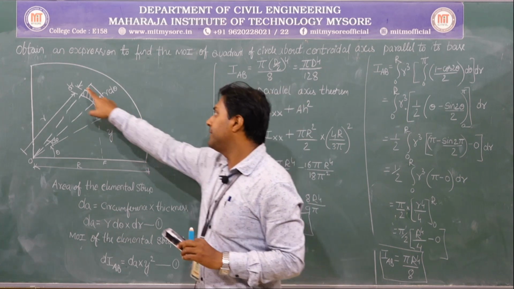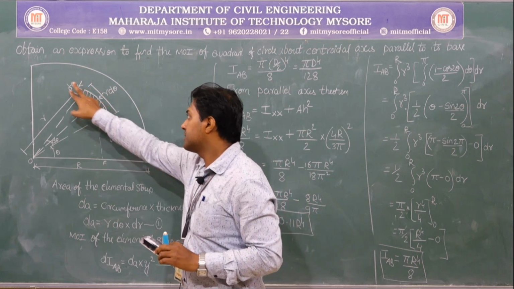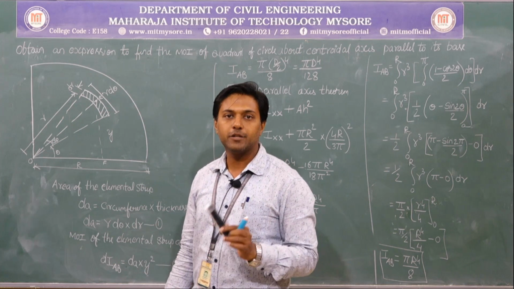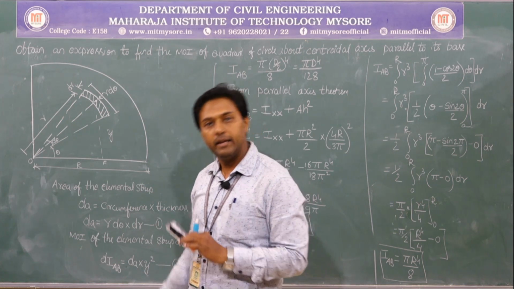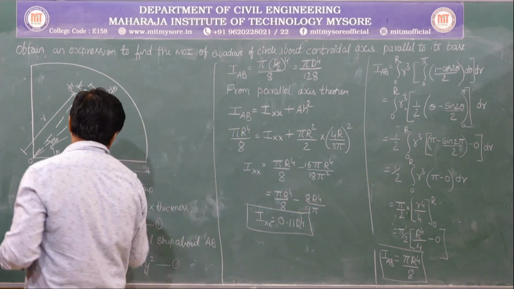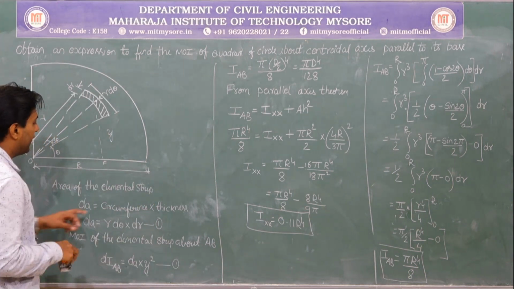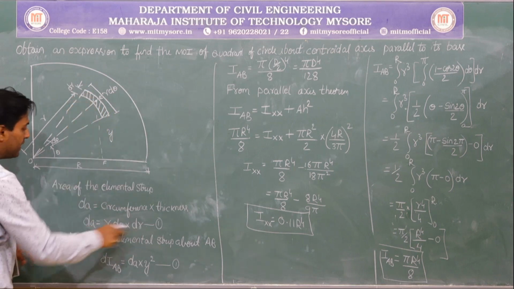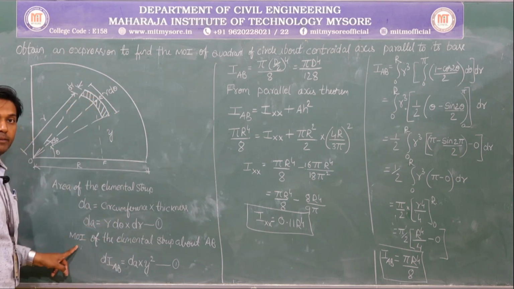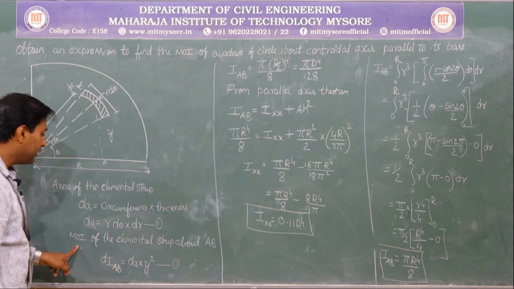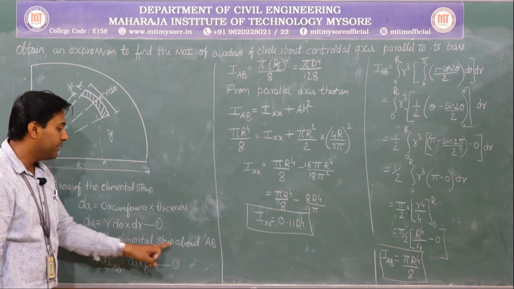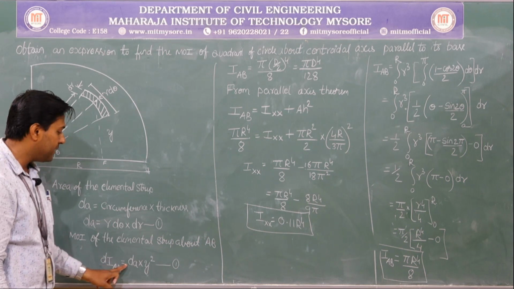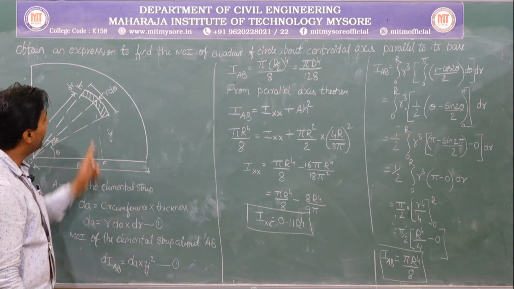Also consider an elemental strip of thickness dr, which is at a distance r from the point O as shown in figure. Next, the area of the elemental strip is given by circumference into thickness, that is r into d theta into dr. Next, the important thing is the moment of inertia of the elemental strip about the base is given by dI_AB is equal to dA into y square.